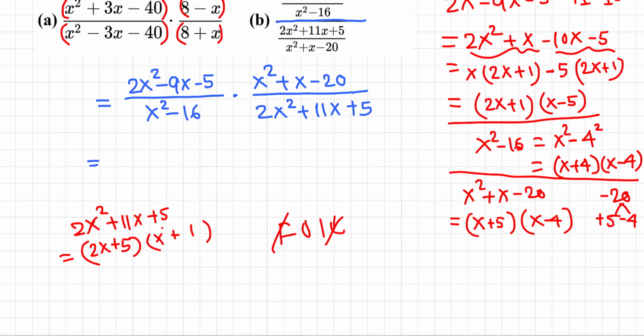Outer means 2x times 1, 2x. Inner, 5 times x, 5x. That gives 7x. But we are supposed to get 11x. So this factoring is not good. Though we wrote correct factors for 5 times 1, we don't get 11. That means we need to put 5 here and 1 here.